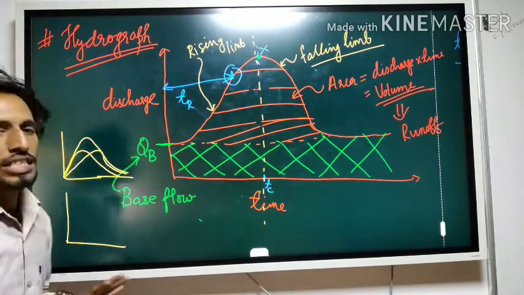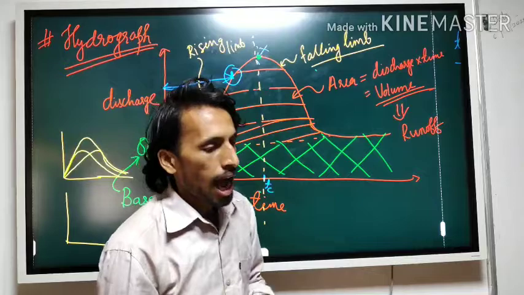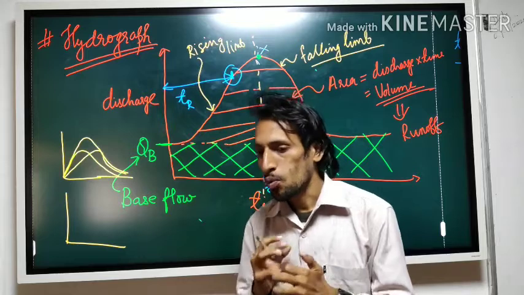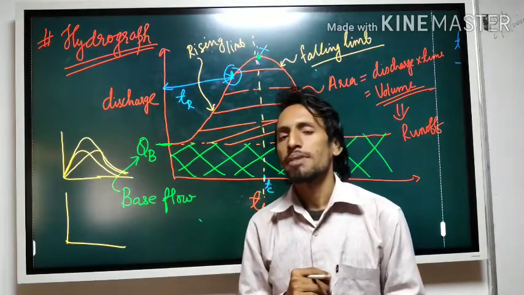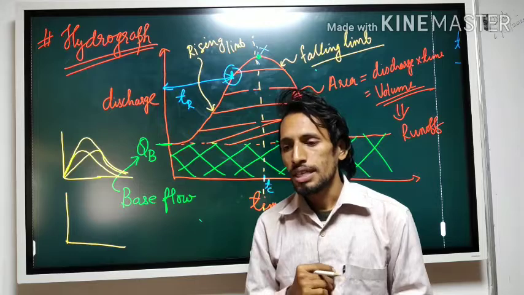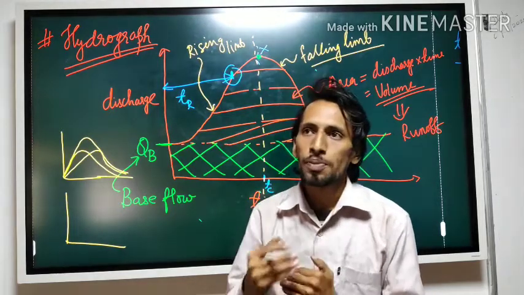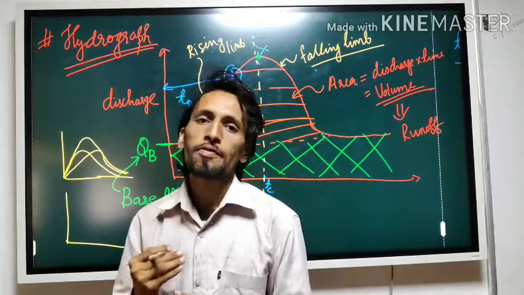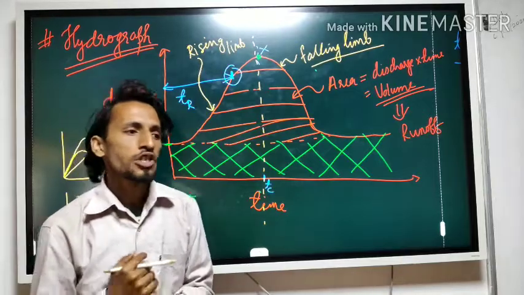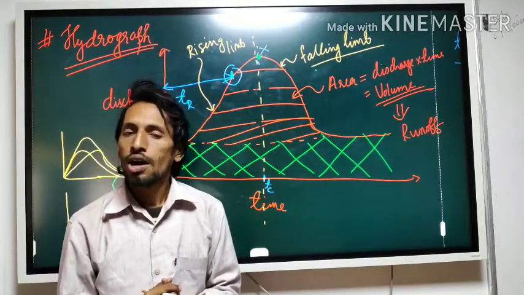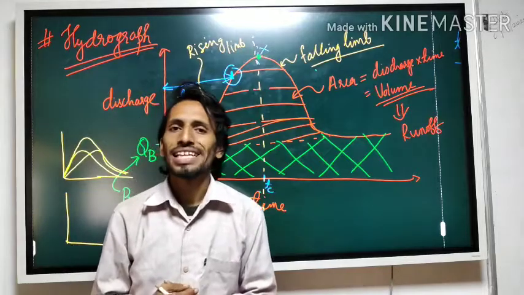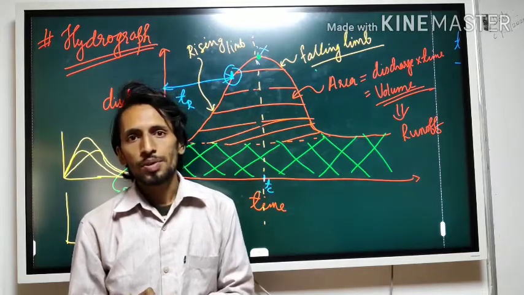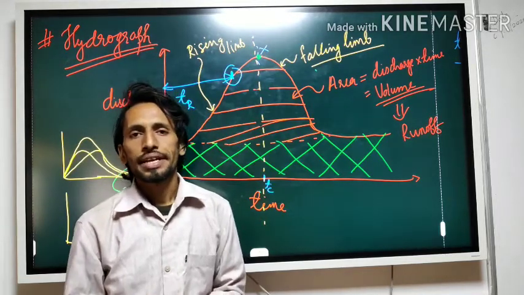So how are these shapes quantified, what do these shapes represent, and how do these shapes come about, or if you want to predict these shapes, how can you do that? On what factors does the shape of the hydrograph depend, and what type of catchment will lead to what kind of hydrograph? This we will talk about in the next lecture.